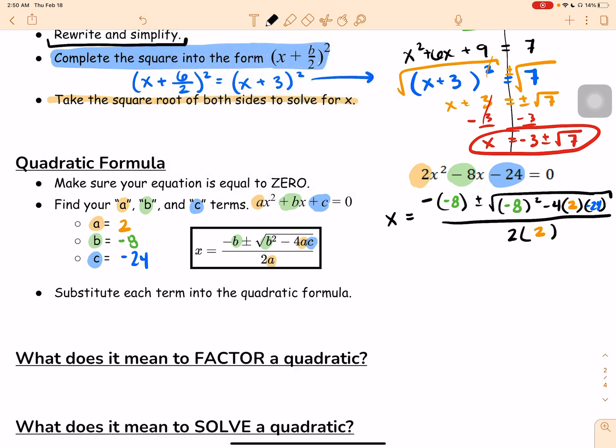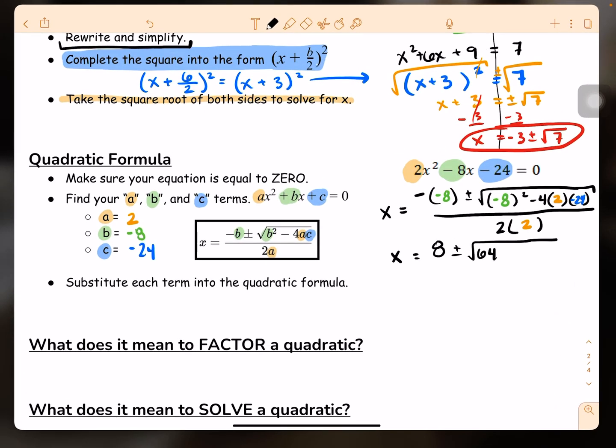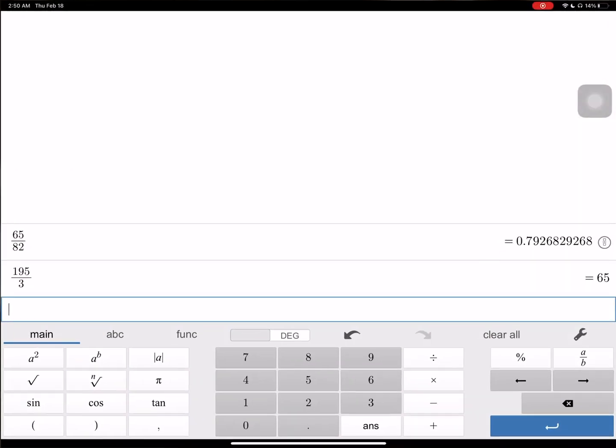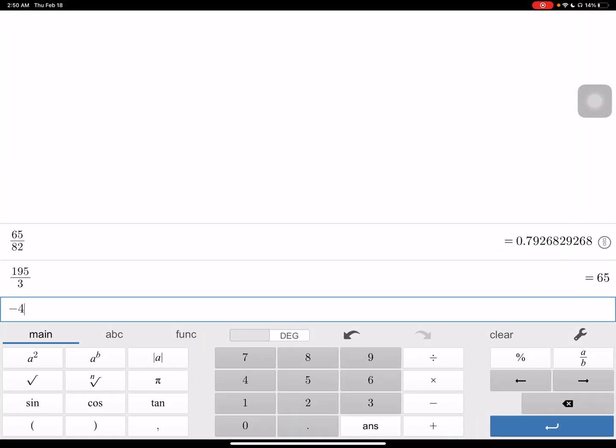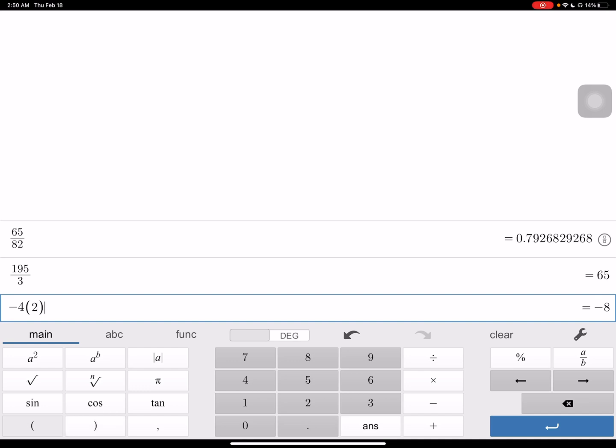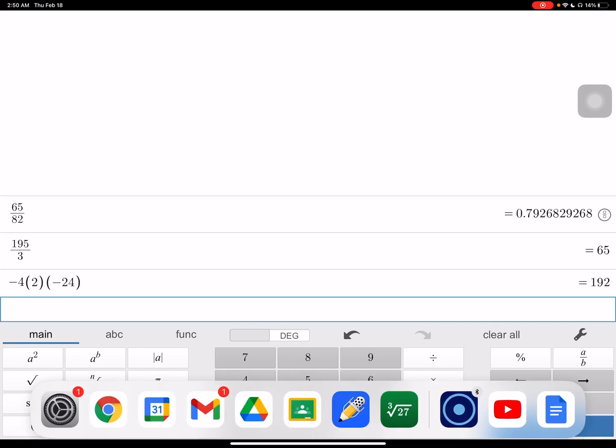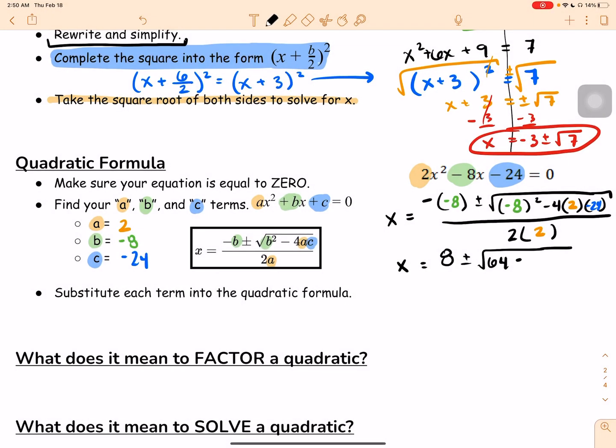So for simplifying, the negative times negative 8 is just a positive 8 plus or minus. Negative 8 squared is 64. Now I have negative 4 times 2 times negative 24, which is 192, and all over 2 times 2 is 4.